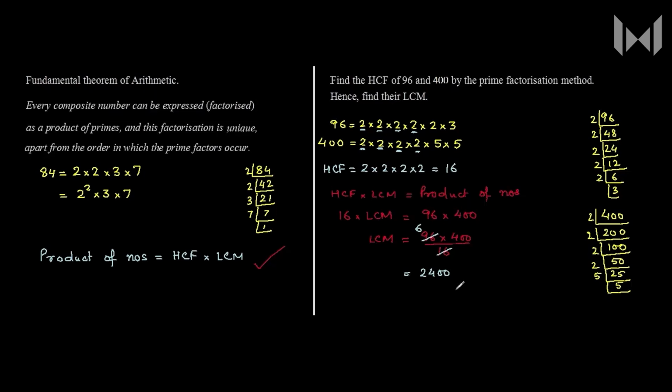That is how you should actually go for calculations, because I have seen many times that the students first multiply 96 into 400, the number becomes huge, and then they sit down to divide that by 16. So it's always advisable to first take the 16 to the other side and go for cancellations, because the complete cancellation will take place, because LCM cannot be a fraction whenever you are given two numbers which are whole numbers.